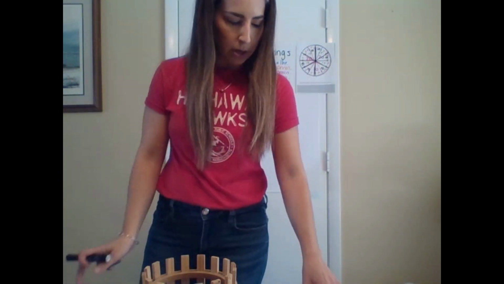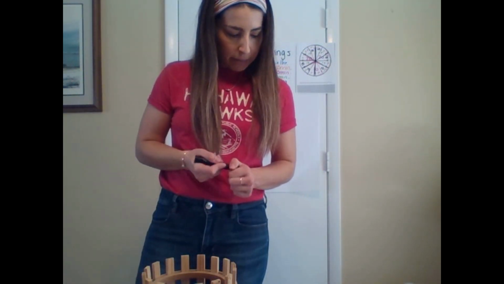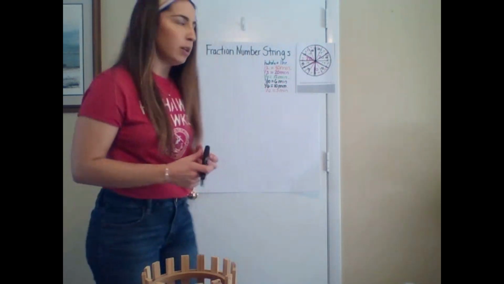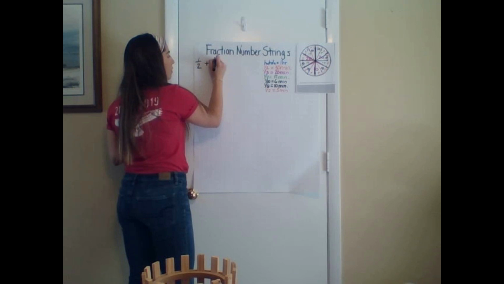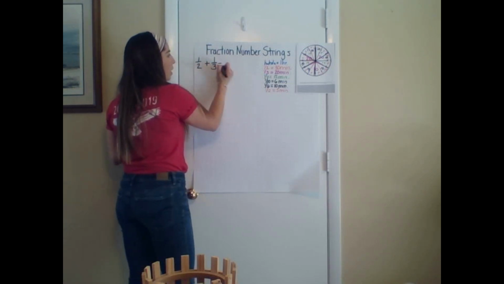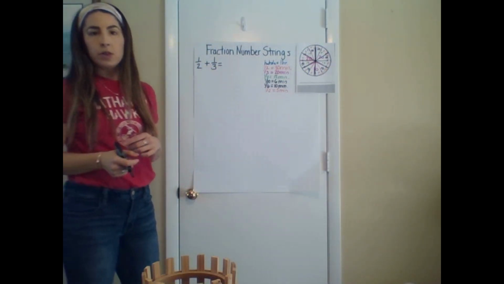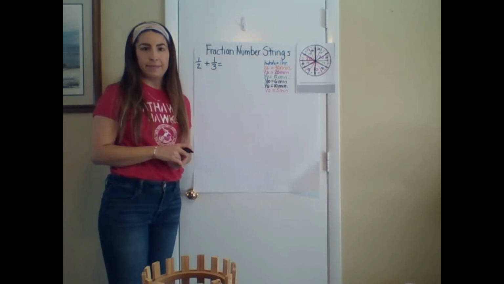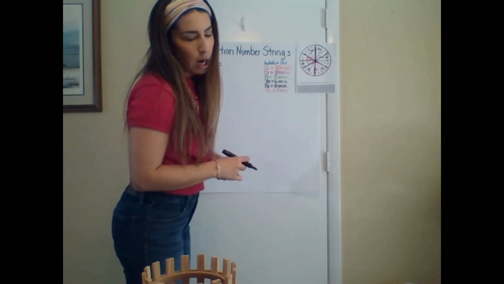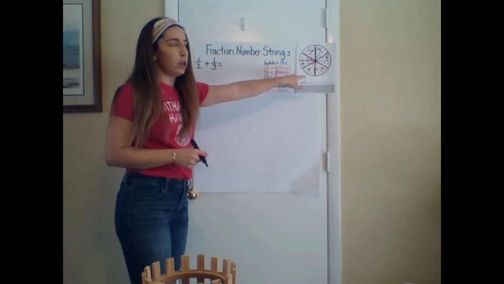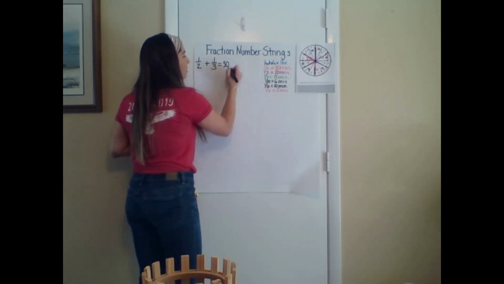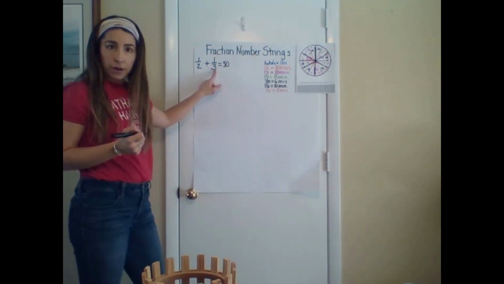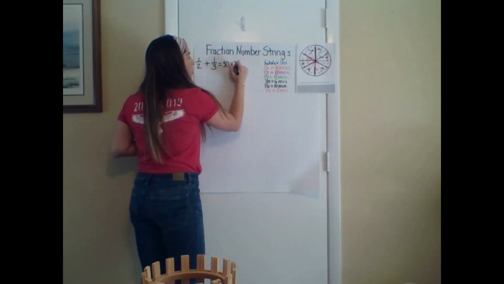I'm just going to take my notes out. Our first equation is going to be 1/2 plus 1/3. Pause here to solve on your own. According to my key and the clock, I know that 1/2 of an hour is equal to 30 minutes, and 1/3 of an hour is equal to 20 minutes.